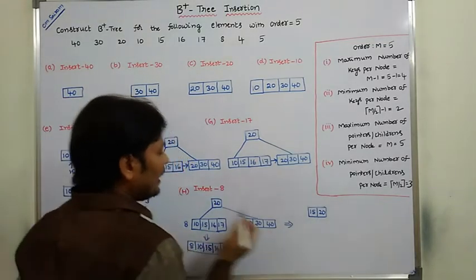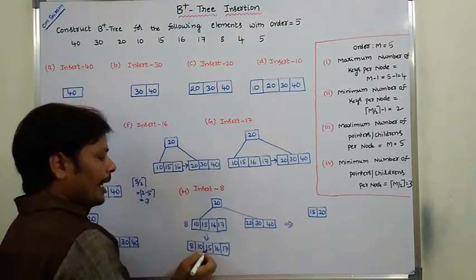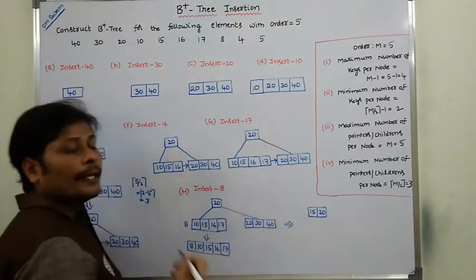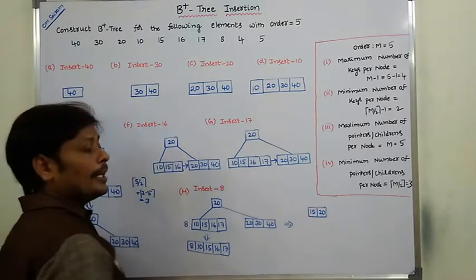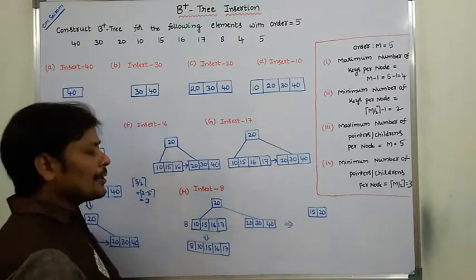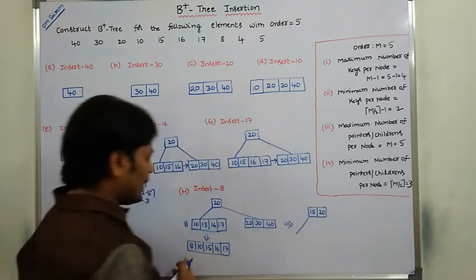So in addition to 20, 15 is also added. 15 is compared with 20. 15 is less than 20. So 15 can be inserted to the left of 20.